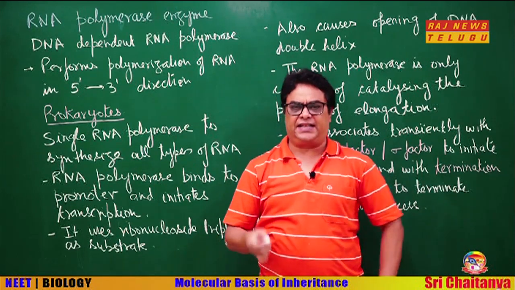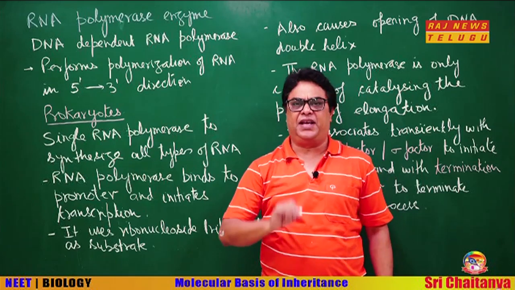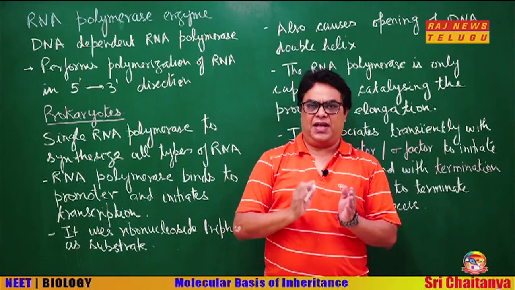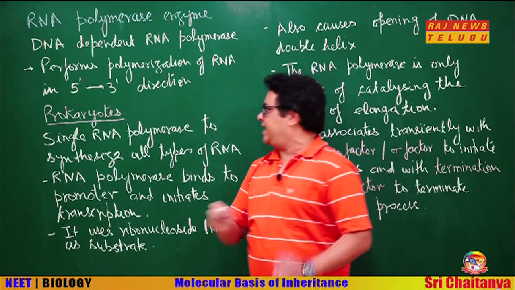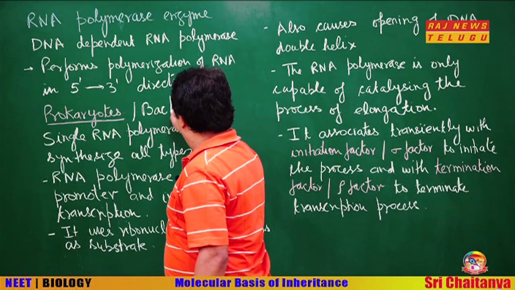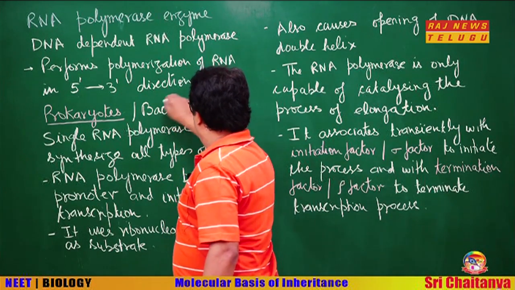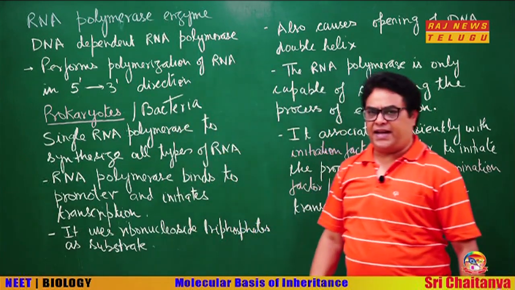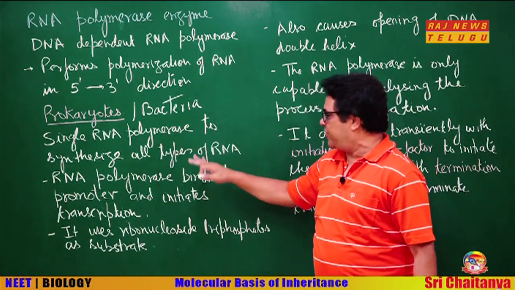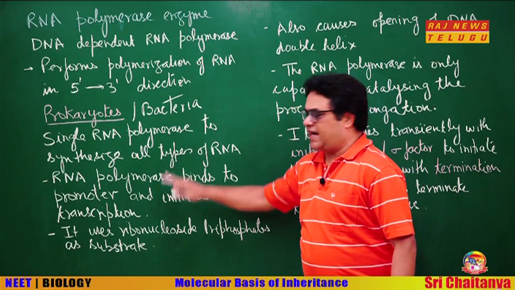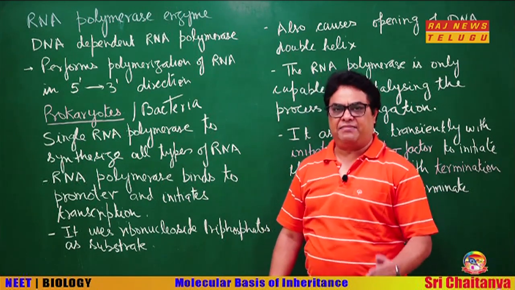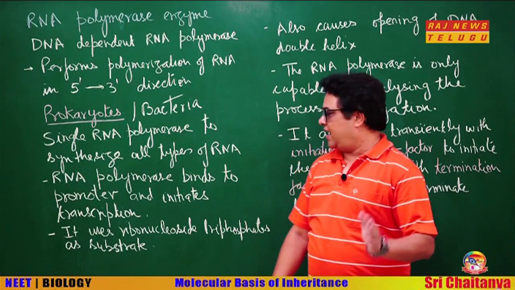It means the template should always be in 3' to 5' direction. Now, in prokaryotes or bacteria, there is only one type of RNA polymerase, a single RNA polymerase, but it can transcribe all the 3 types of RNA, that is mRNA, tRNA and rRNA.